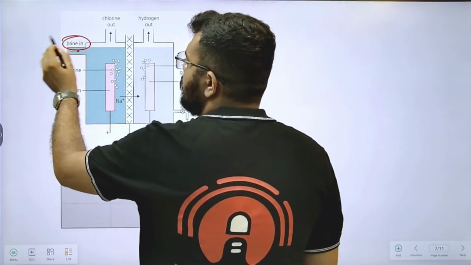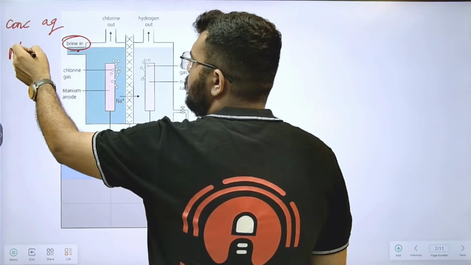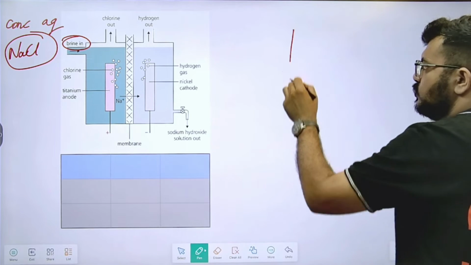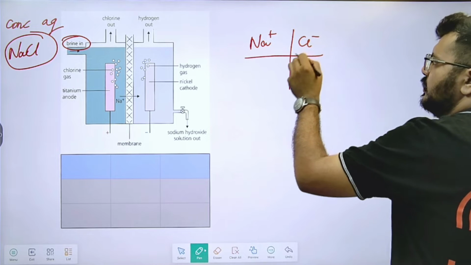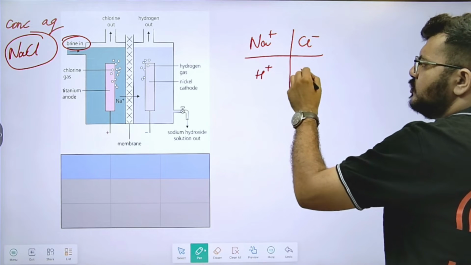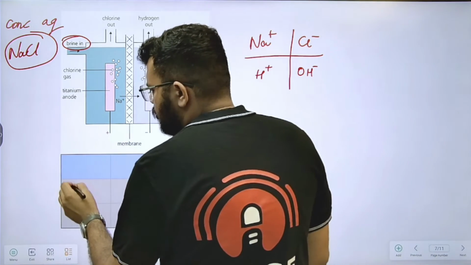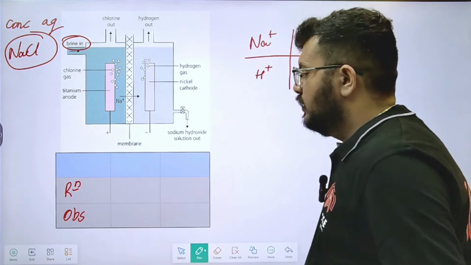Now we have concentrated brine, which means concentrated aqueous sodium chloride. So just like last time, you have sodium plus, chlorine minus, but it is aqueous, so you have H plus and OH minus, right? Let's see what happens. So we'll have reaction here, we will have observation here.